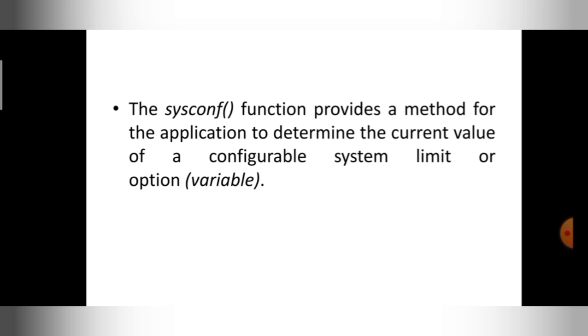You understood the minimum value, and the maximum you can set, that's why it's configurable. If you want to configure it, you should know what the value is. Using this function, you can check what limits are defined for your system.